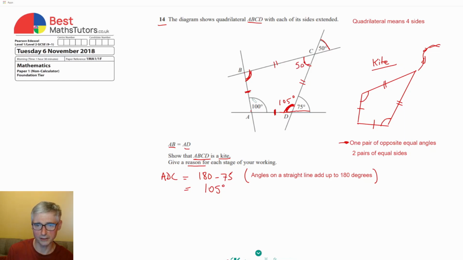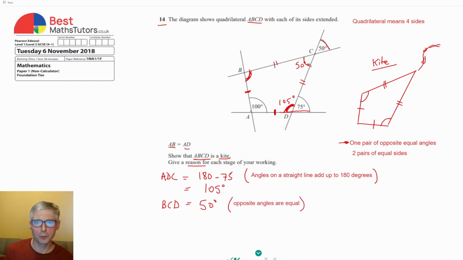And the reason we say that is that it's called an opposite angle. So I can call the angle there, because the letter's got to be at the centre, BCD, and I can say BCD equals 50 degrees because opposite angles are equal.